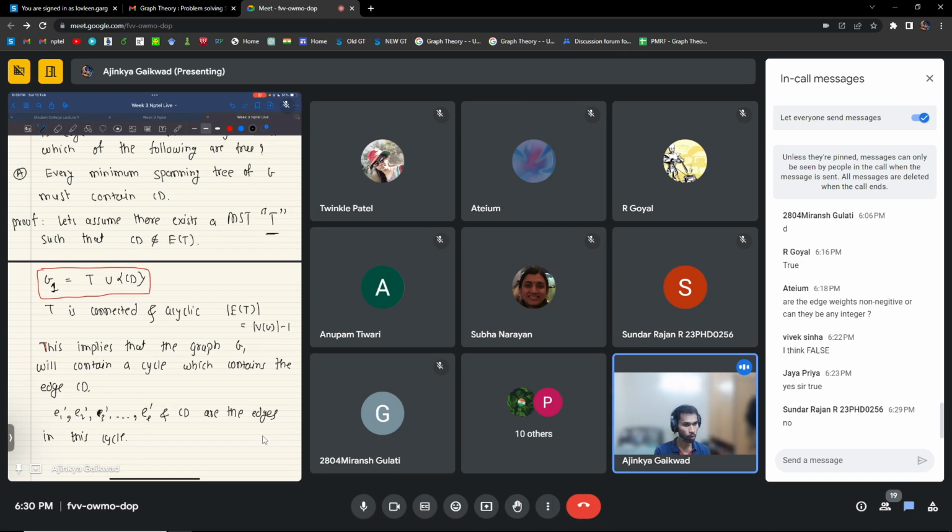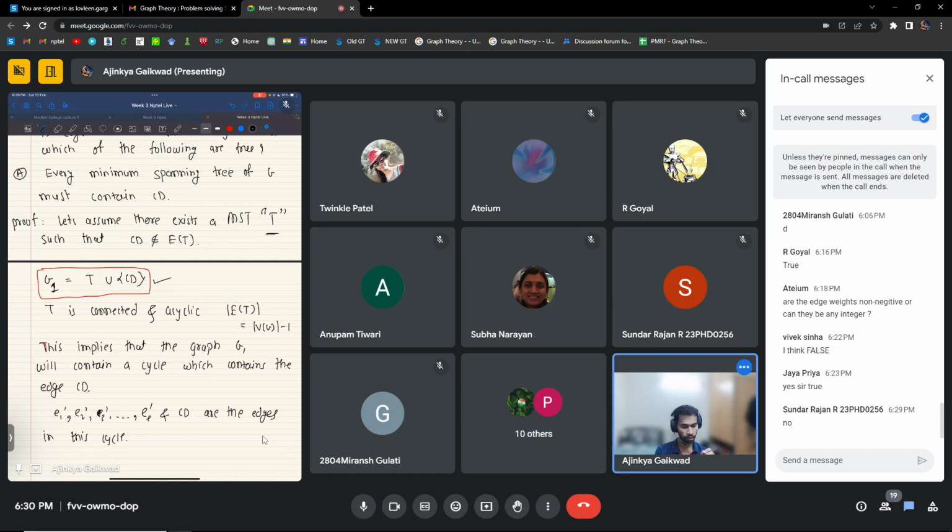So how do I construct it? You start with the graph G1, which is T union CD, in this red box. This is my graph G1 that I'm considering. What do I know about this graph G1?